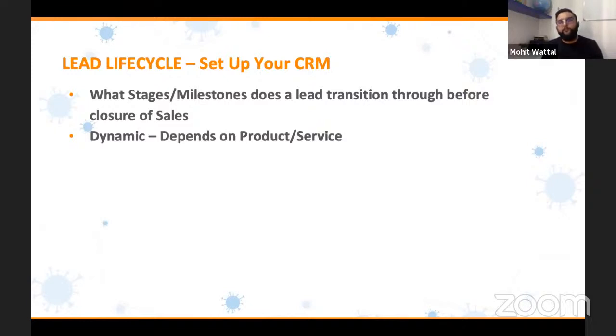And equally important is that you set it up on a CRM and you are not playing the Excel or the A4 sheet game. A lot of organizations are still making leads and then calling or reaching out to those leads, and they do all of that in an Excel sheet or on a piece of paper. Things have moved on from that.